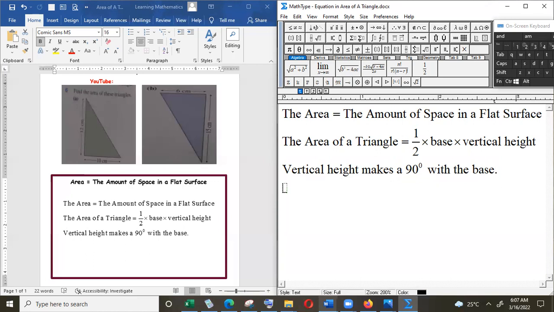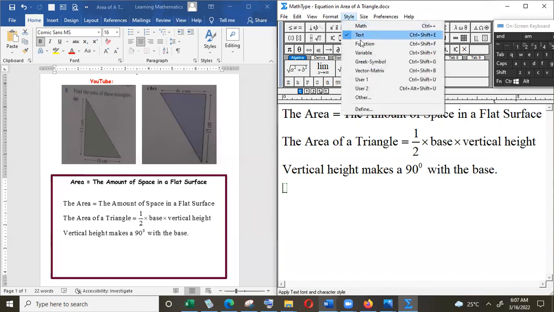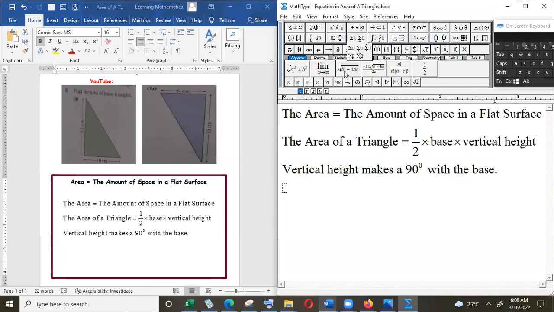Now we're going to start with triangle A. So write this down.